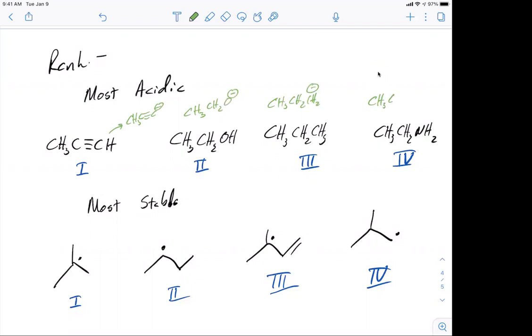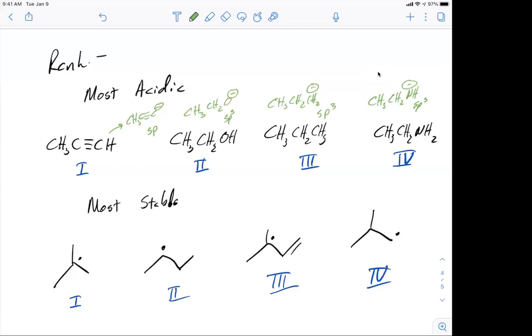So we got the oxygen negative. So nitrogen negative, sp carbon, right? sp3 carbon. So if we think about the sp3s, these are sp3, this is sp3, right? Those are pretty easy. The oxygen is going to be more stable than nitrogen. Nitrogen is going to be more stable than the carbon, right?